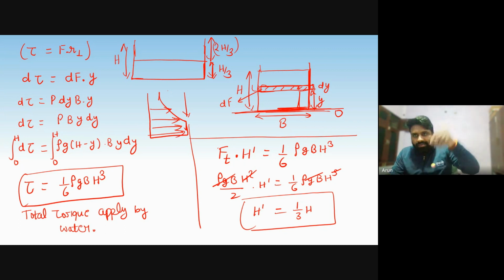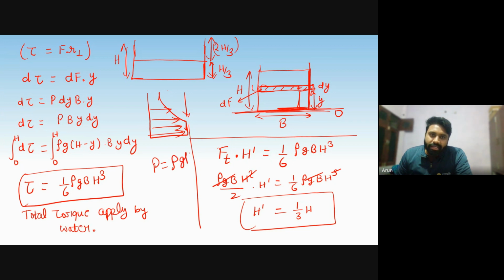Because as you go deeper and deeper, the water will exert more pressure on the wall. We know that pressure inside a liquid is nothing but rho g h, which depends on the depth. So as the depth increases, the pressure of the liquid increases. So it will exert more force on the downside. That is why we made the lower side of the dam thicker than the upper side, so that we counteract that pressure. Got it?